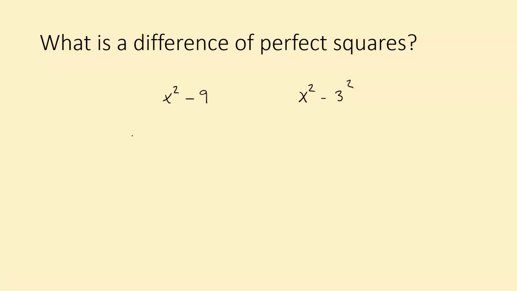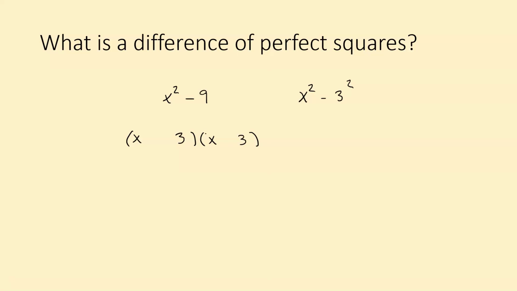So let's think about how we would factor something like this. If we have x squared, then the two leading terms would both have to be x, right? It's the only way we can get x squared. So x times x would give us x squared. And similarly, to get the 9, both of the trailing terms would have to be 3, right?